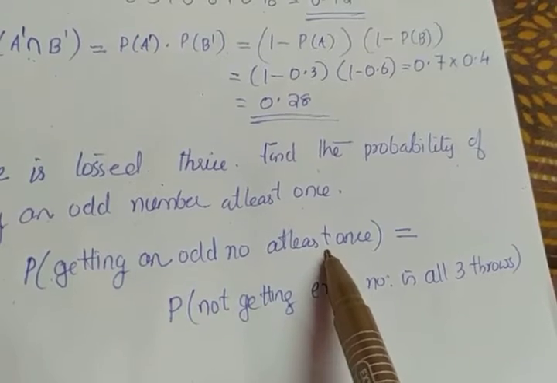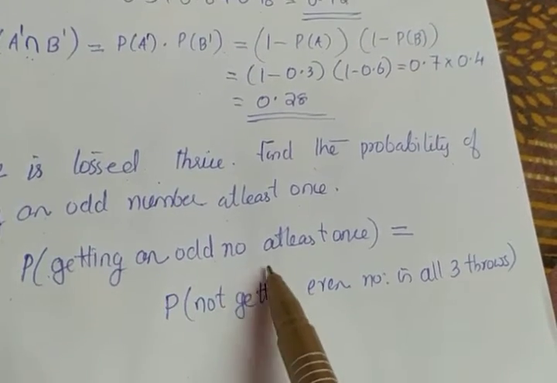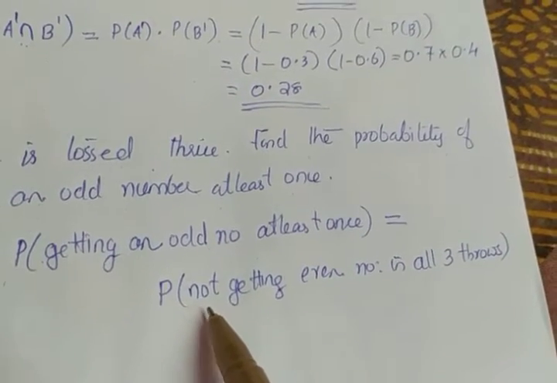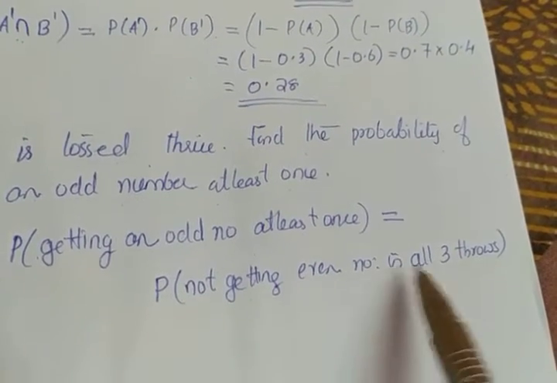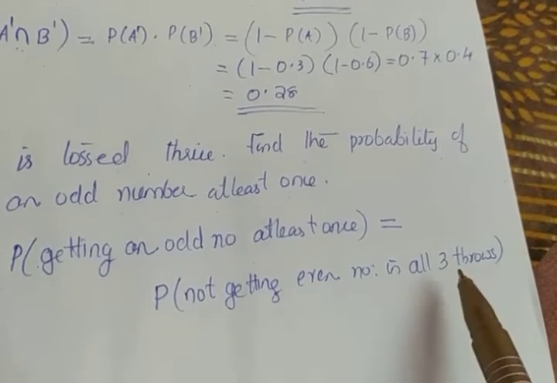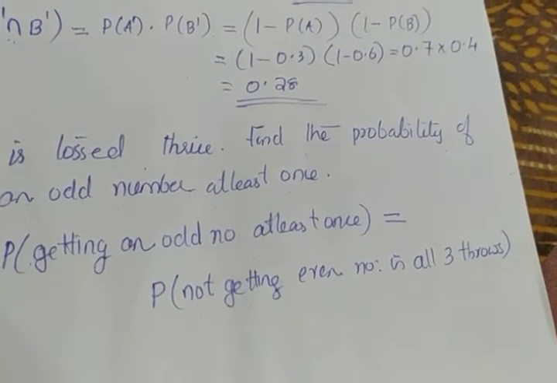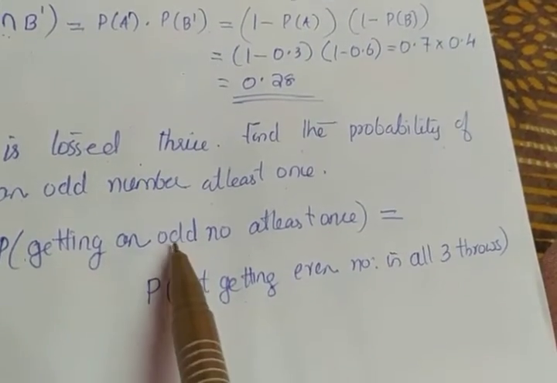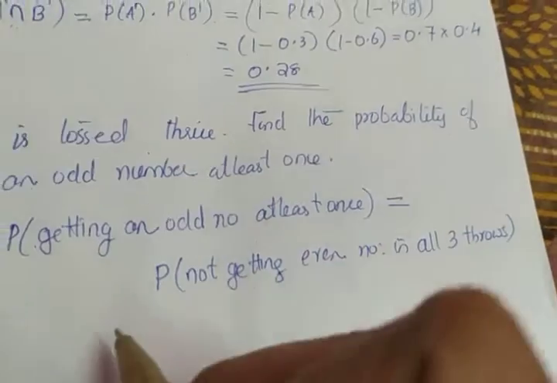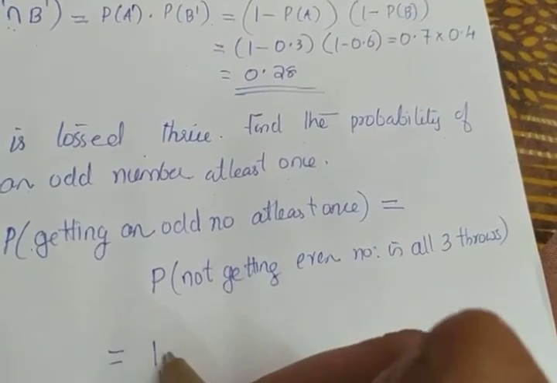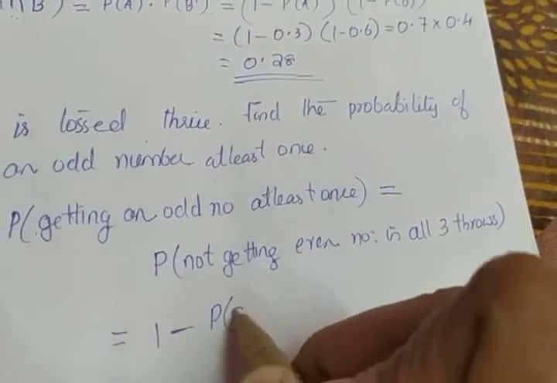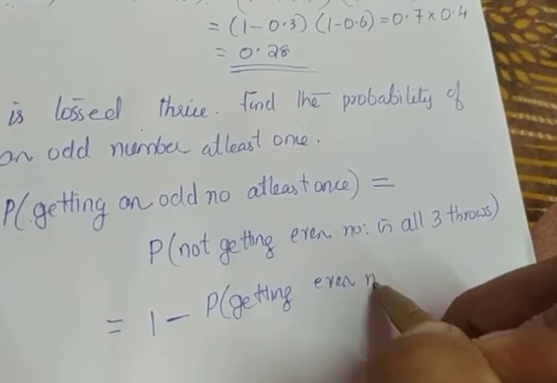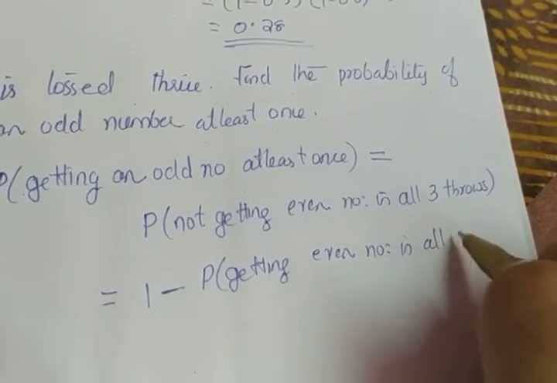Odd number at least once means it can be 1 odd number, it can be 2 odd numbers, it can be 3 odd numbers. That is the same as P of not getting an even number in all 3 throws. That means if we are not getting an even number in all the 3 throws, then at minimum one of them will be an odd number. So these two are equal.